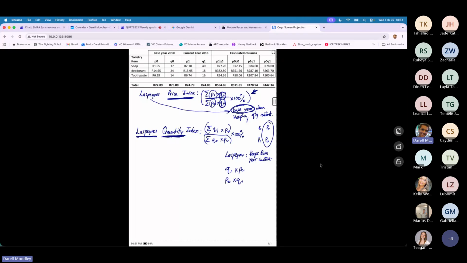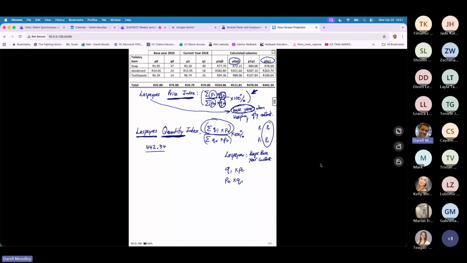We just rearrange them. So if you look at the columns that I have on top, I'm looking for P naught Q1, and I have that here. So that's my numerator. The numerator is 442.34. The denominator is Q naught times P naught.